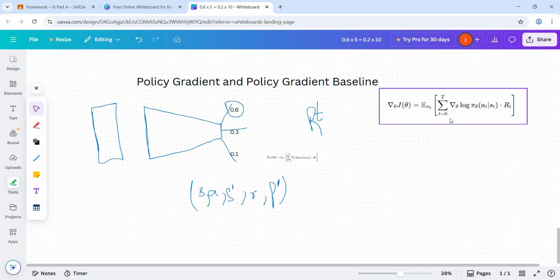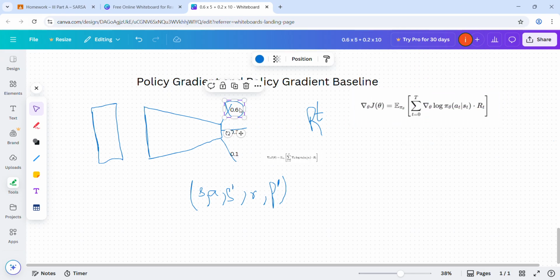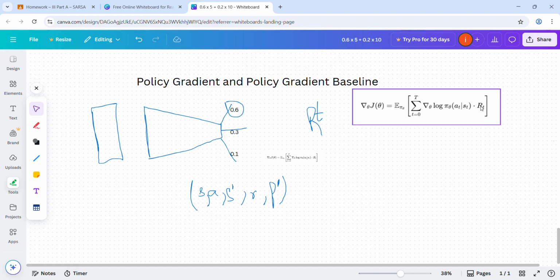So here we are multiplying the log probabilities, like here we have probability 0.6, and the reward after taking this action. We are just multiplying it with the reward, and this is kind of a loss function, and we will use its derivative for the updating of this network's weights.